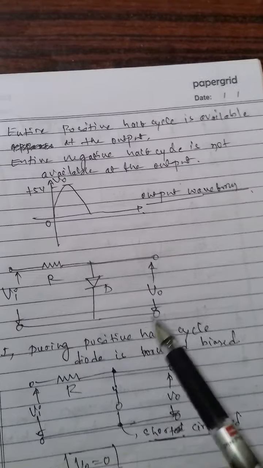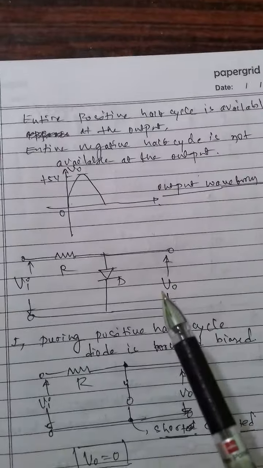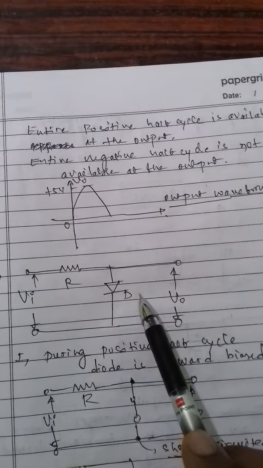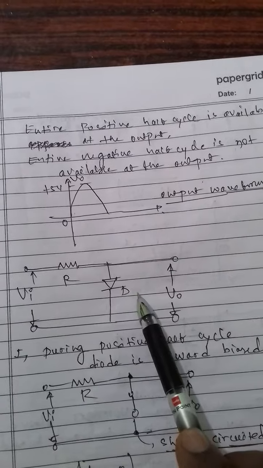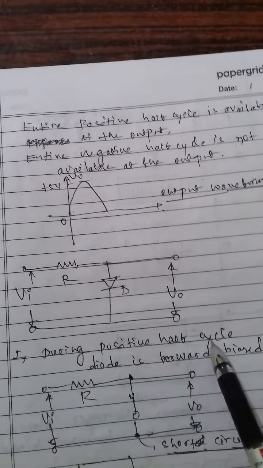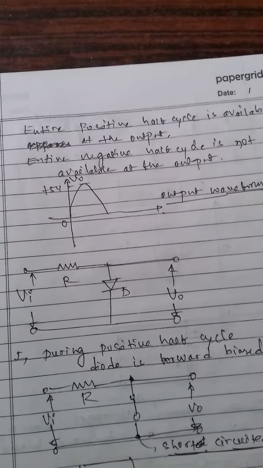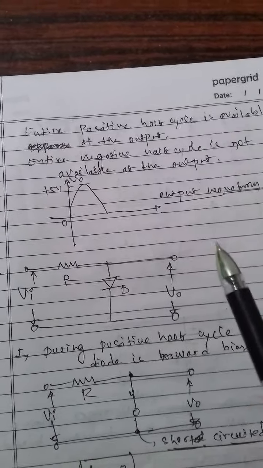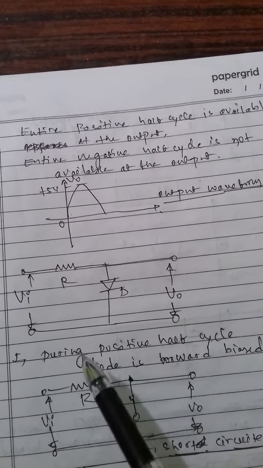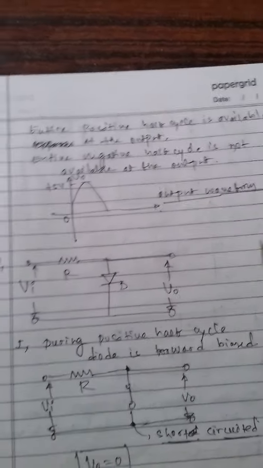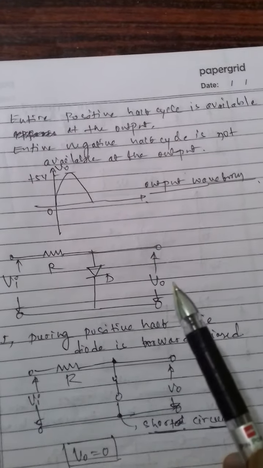Here also the same method is used for the analysis. During the positive half cycle, we check whether the diode is on or off. During the negative half cycle, whether the diode is on or off, these two conditions must be discussed.